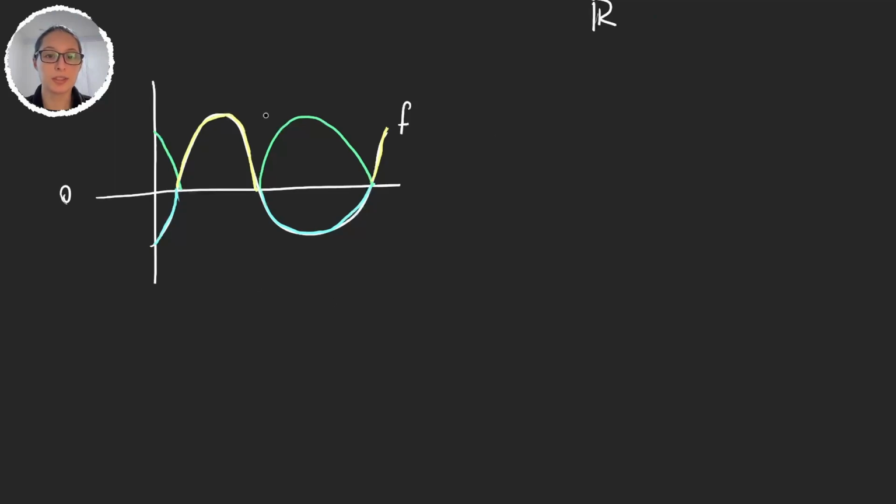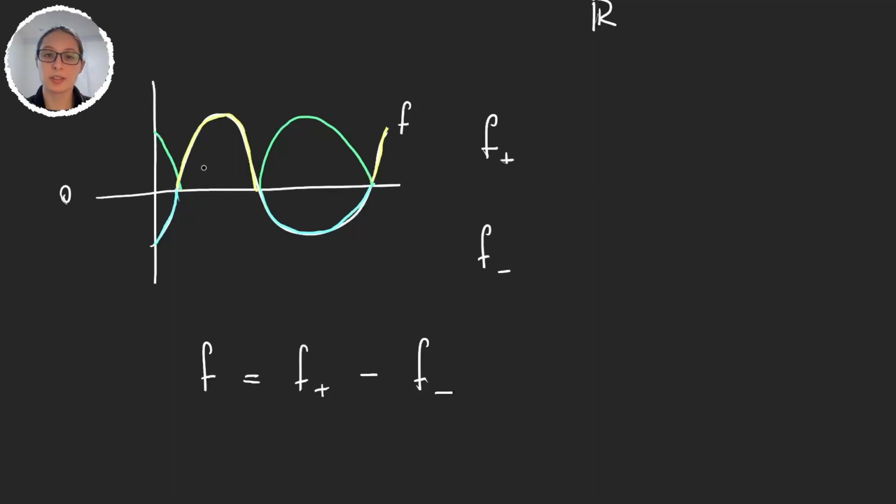And so by doing this, we define two functions, f plus and f minus. And the idea will be to write f as f plus, the places where the function is positive, minus f minus. And these two functions are non-negative.